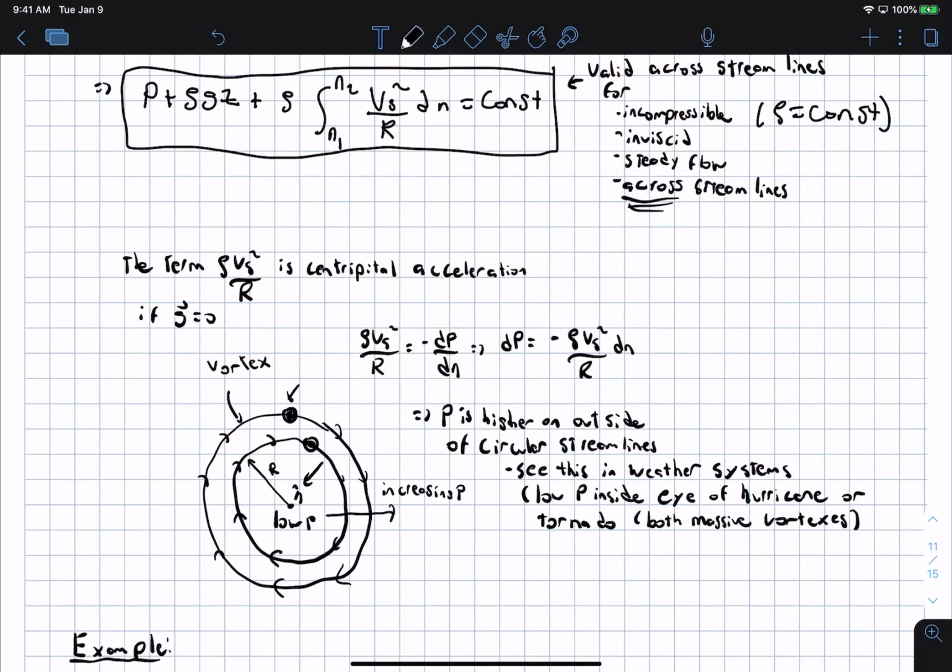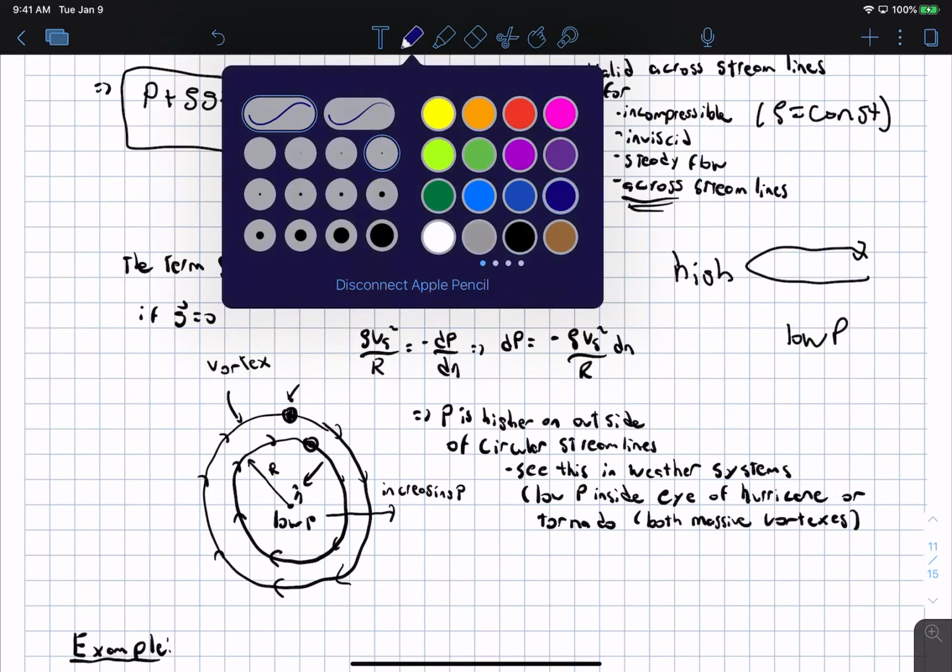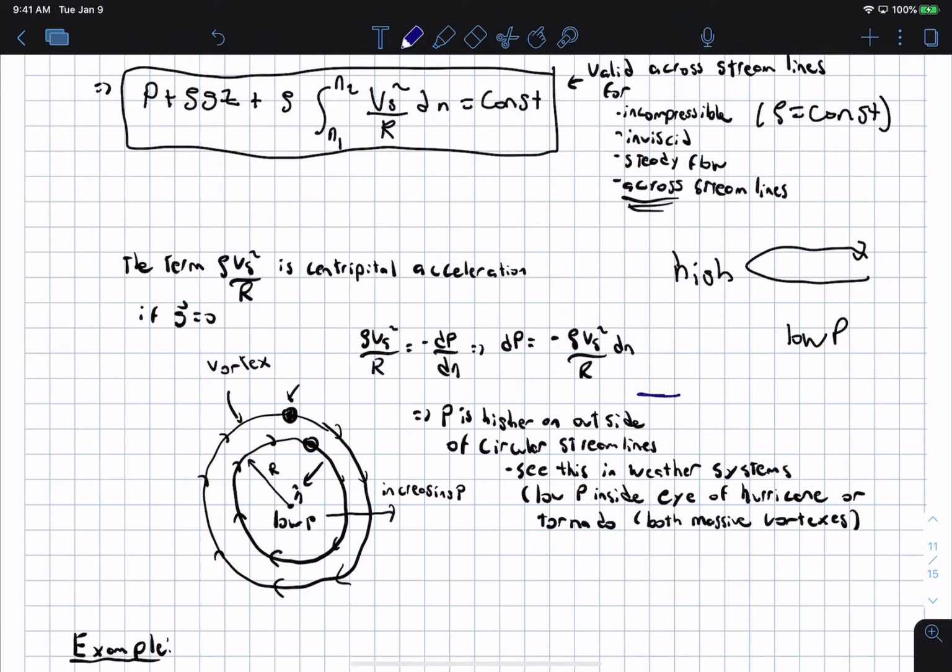So if you think about it, if you have a hurricane over here, and it's spinning, there's a region of low pressure here and high pressure outside. And if we look at the surface level of the water, here you have atmospheric pressure outside, but over here you'll have low pressure, and that will pull up on the surface of the ocean.